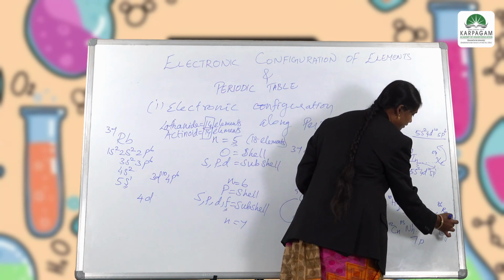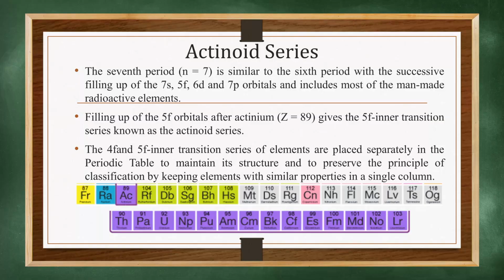So complete configuration. And in the 7th period it is likewise. Here the shell is Q and 4 subshells are participating in the 7th period.